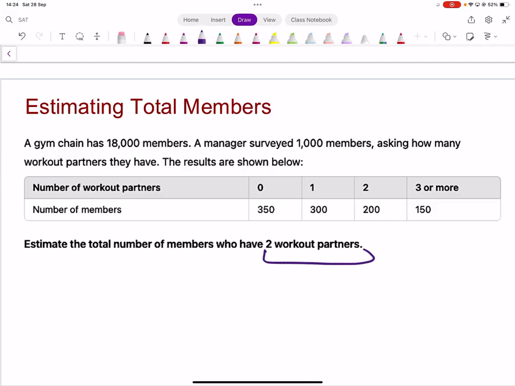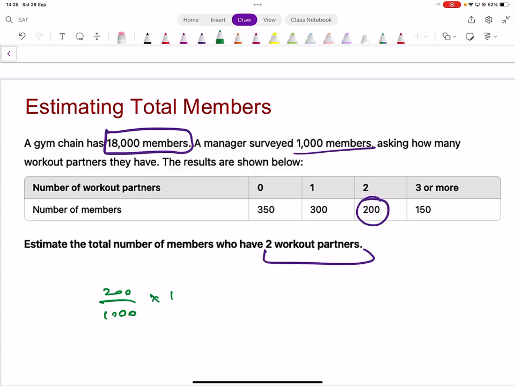So remember, we took a sample of 1,000 members. Out of them, 200 are saying they have 2 workout partners. Now, based on that result, can we estimate out of these 18,000 people, how many would have 2 workout partners? We can find this ratio, 200 over 1,000. That's 20%. So in our sample, 20% are saying that they have 2 workout partners.